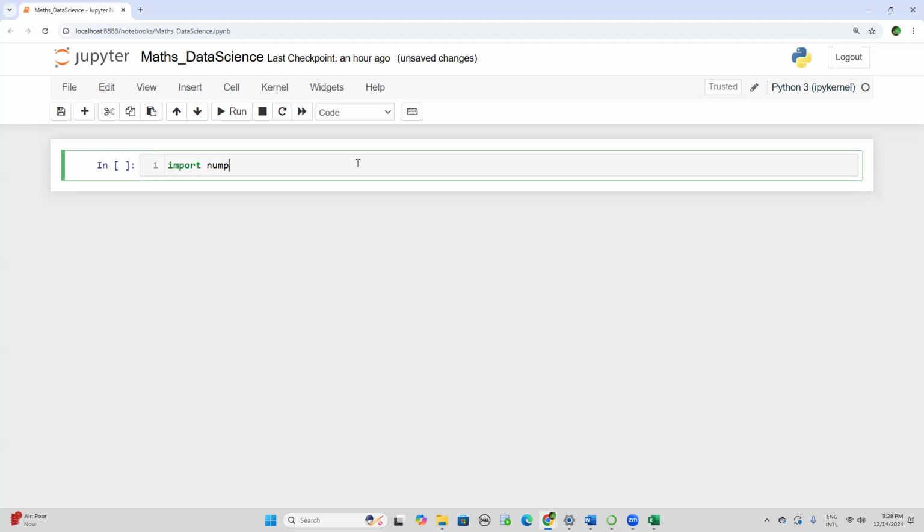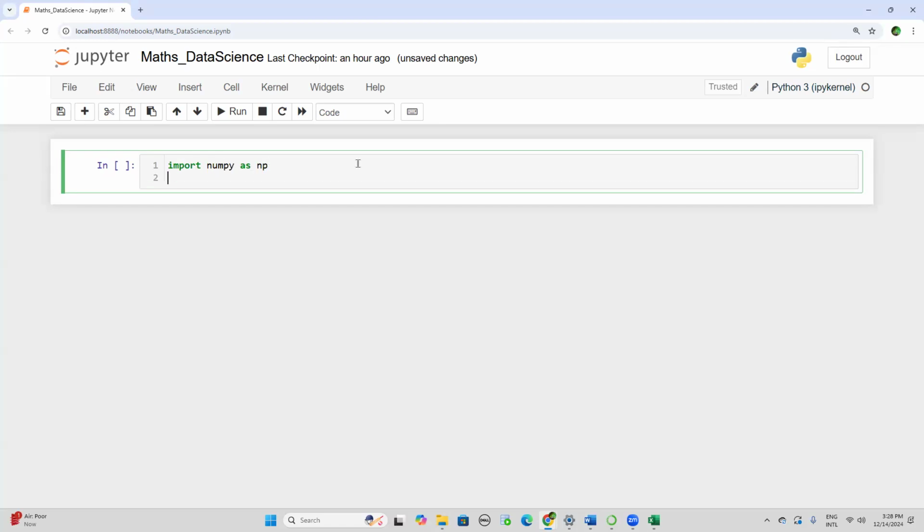I will write here import numpy as np. NumPy is a library in Python. I write here a equals numpy dot array. So I'm creating an array here, and let's say the values are 85, comma 90, comma 80.